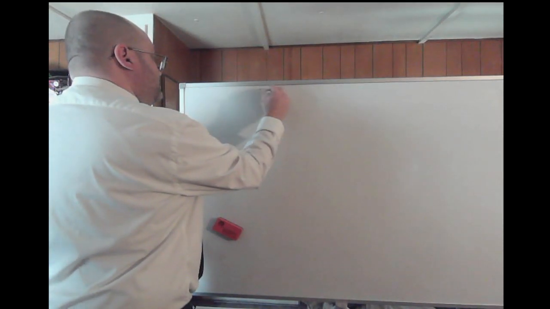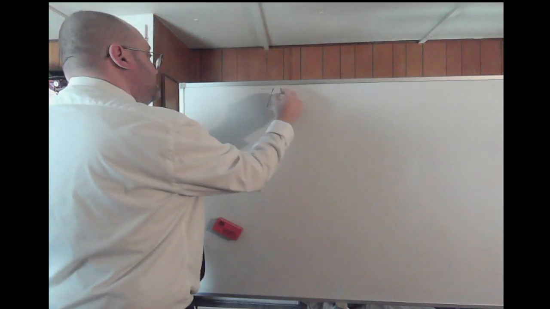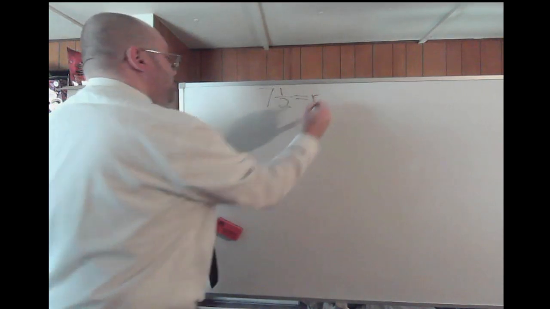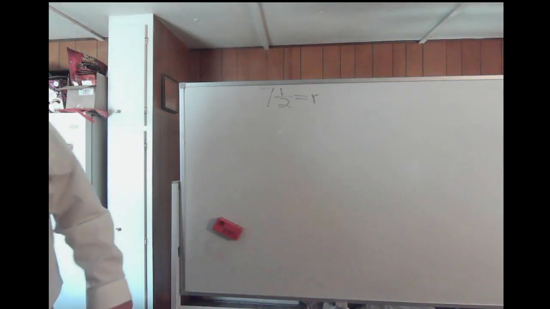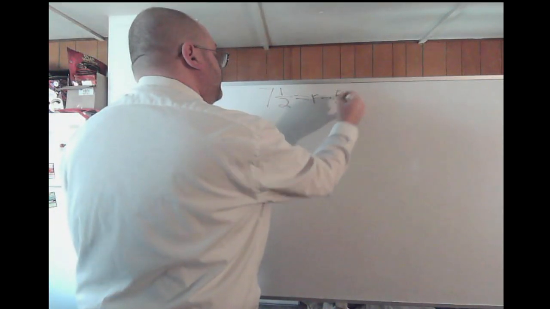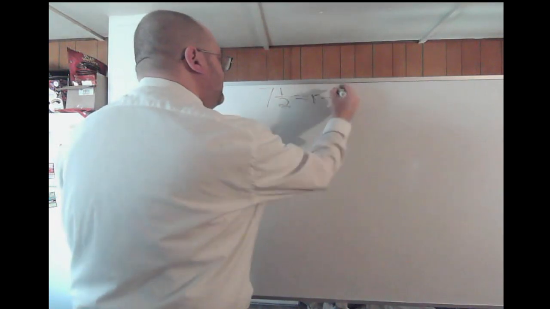I have about 7 more, then we're done. So let's see. 7/2 equals r minus 5 2/3. Now let's make that a little bit bigger, shall we?